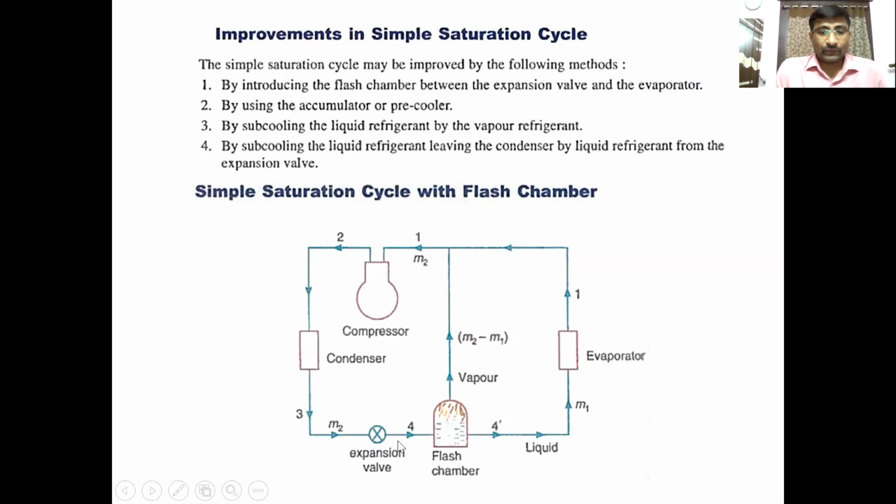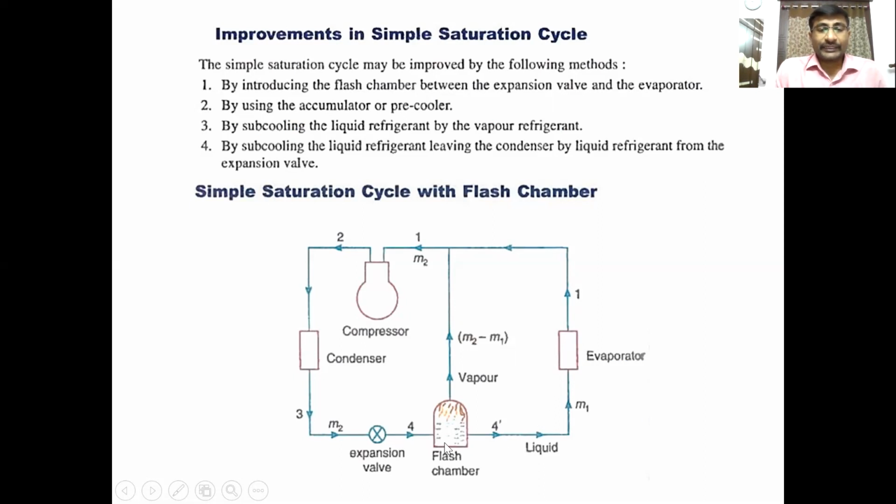After the expansion valve, the fourth state is in the wet region, because some of the liquid particles are present in the vapors. At this state, wet vapor is contained. In that wet vapor, the evaporator uses only liquid refrigerant.